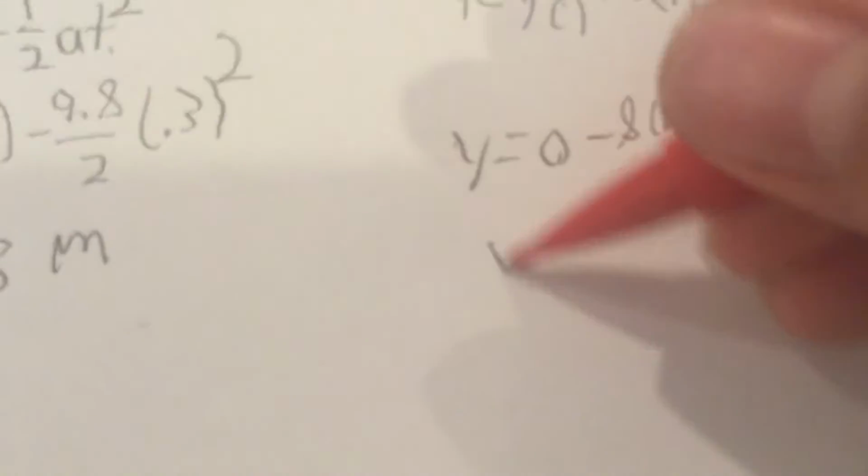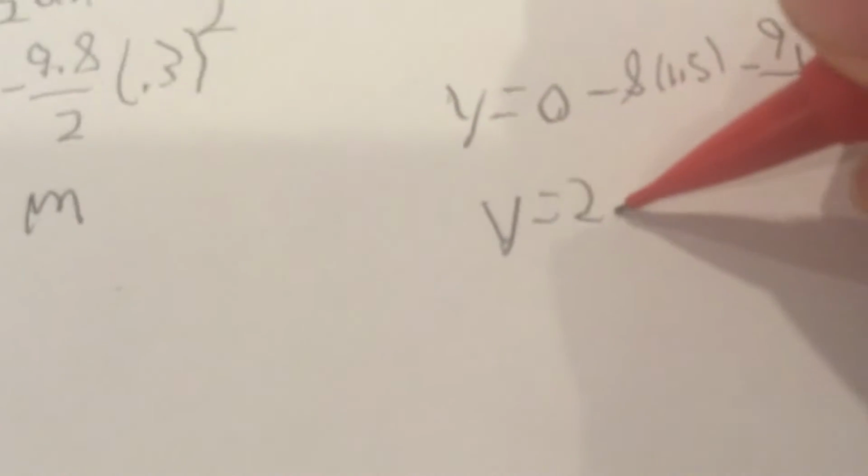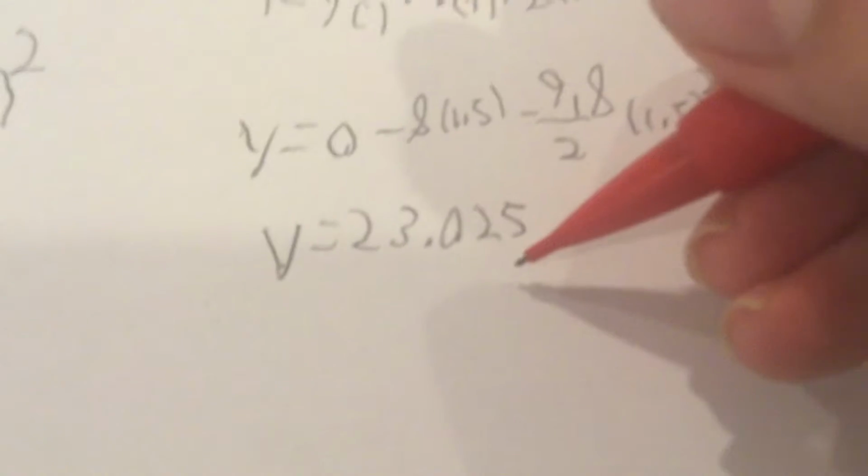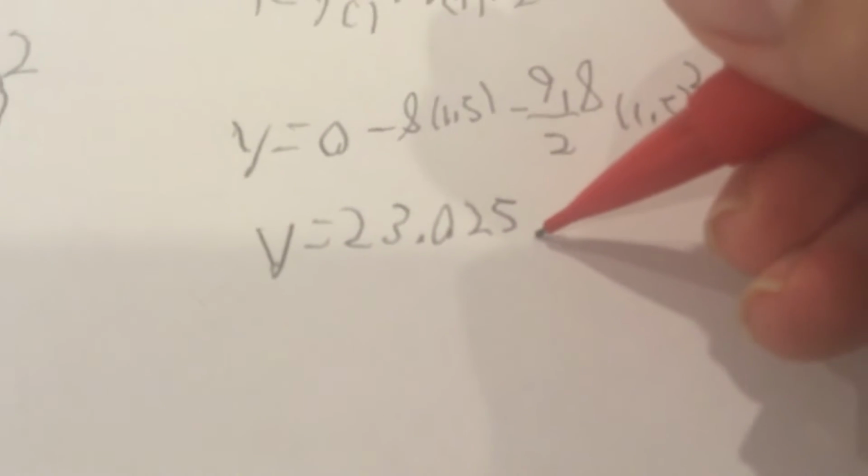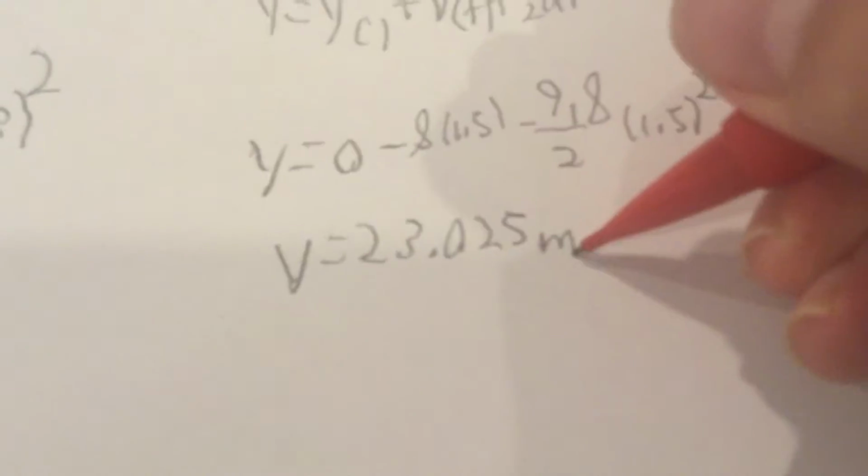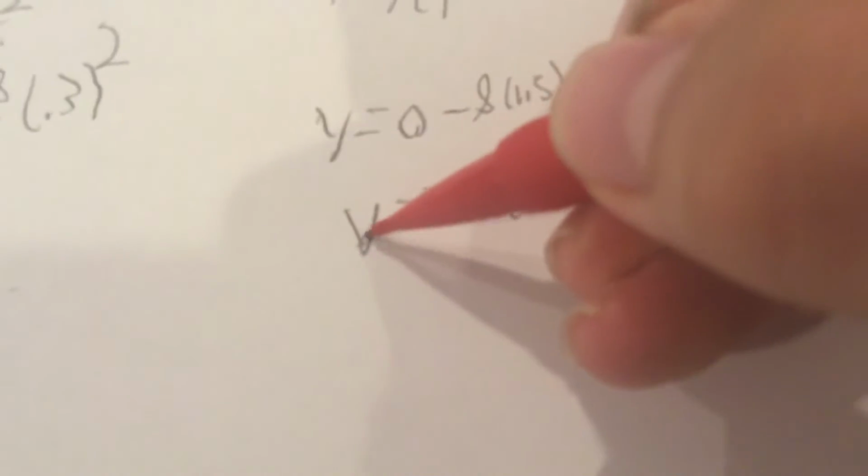I got -23.025, and that is in meters. This is y. That's correct. Now we'll go to part J.